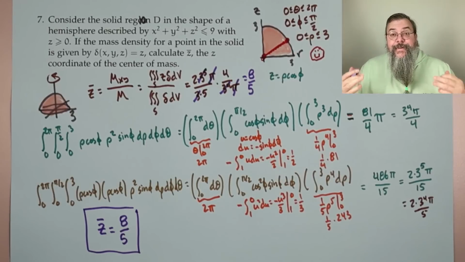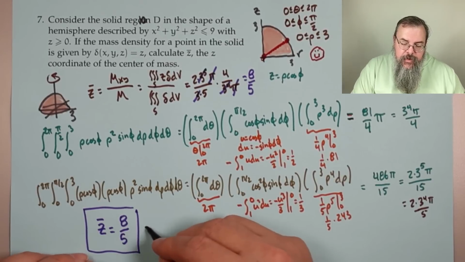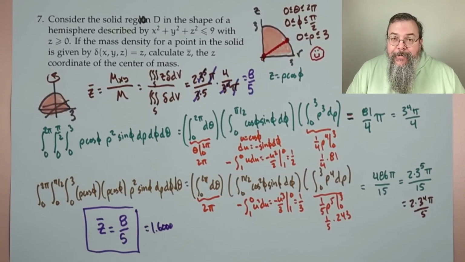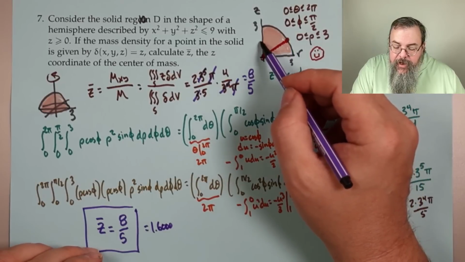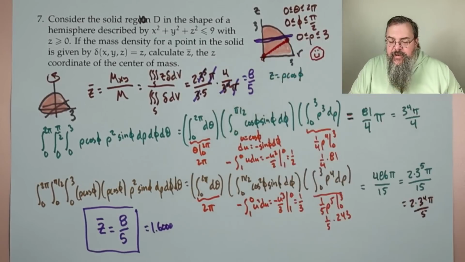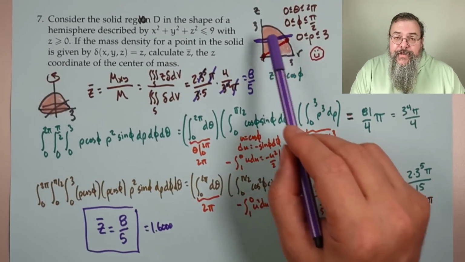All right. Now, does that make sense? Well, where is 8/5? If we were engineers, we'd say, oh, well, that's really 1.6000. And if you think about that, that's a little bit more than halfway. And you might say, oh, wait a second, does that seem right? Because there's a lot more shape below than there is above.